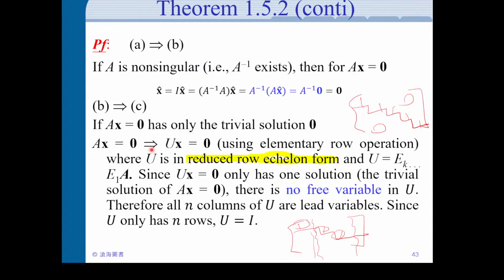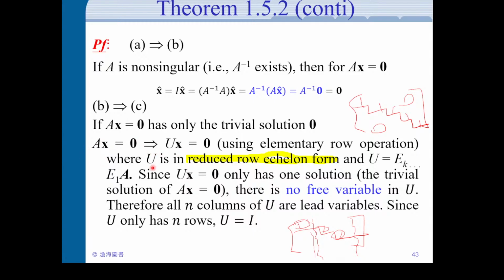From condition B to show condition C, we start with Ax equal to 0 only having the trivial solution. From here, we first use the elementary row operations, or multiplying with elementary matrices, and we reduce A to the reduced row echelon form.